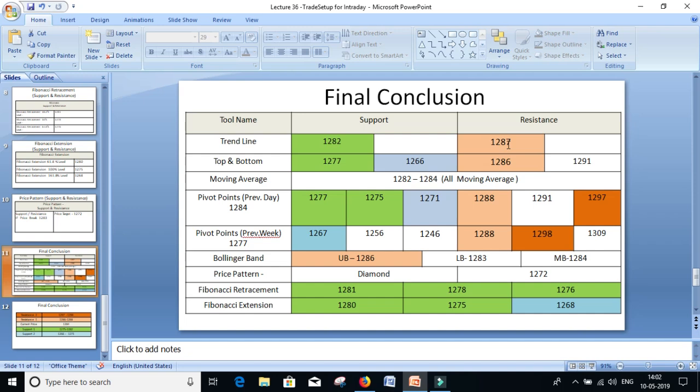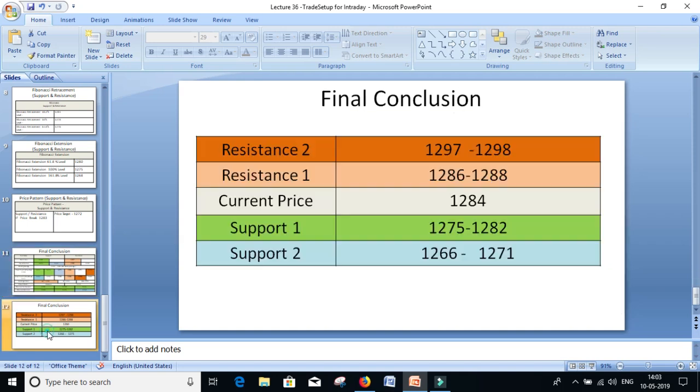Once the price breaks that level, then you get the red one, that is $1297 to $1298, which will be your possible resistance too. If you consider the same on the bottom side, the whole area will be covered by green. That means you take a great support over 1275 at the bottom and 1282 at the high. So 1275 to 1282 will be a good support level for the gold prices.